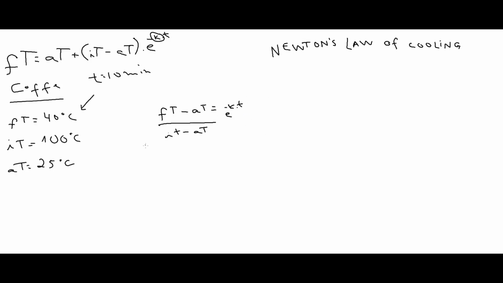Now we're going to use the logarithm. The log of the final temperature minus ambient temperature divided by initial temperature minus ambient temperature is equal to minus k times the time, multiplying the log of Euler's number.